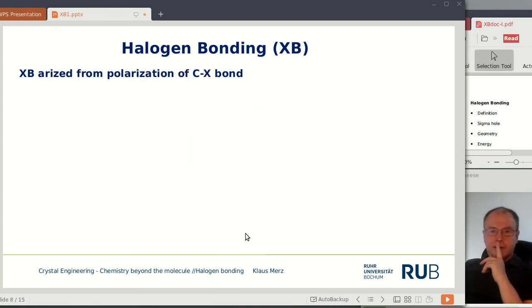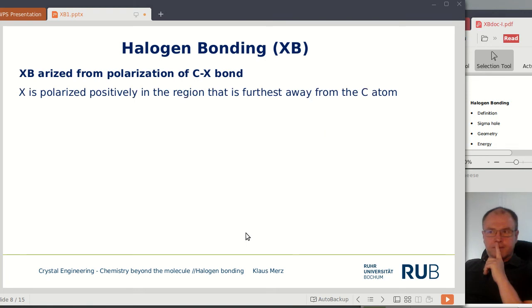Now have a look at this halogen bond. What is it? The basis of the halogen bond is a polarization of the carbon-halogen bond. X, the halogen, is polarized positively in the region that is farthest away from the carbon atom.